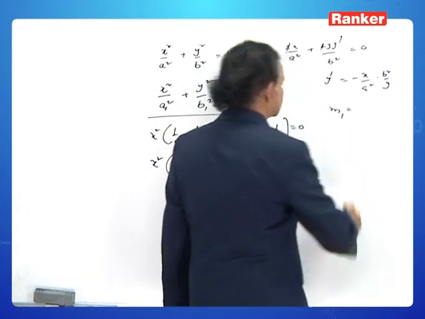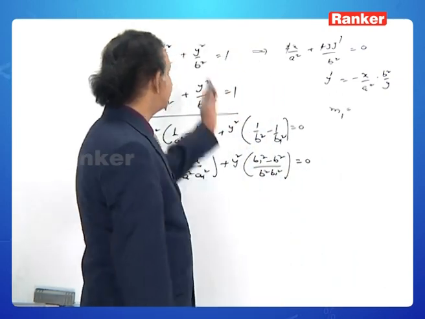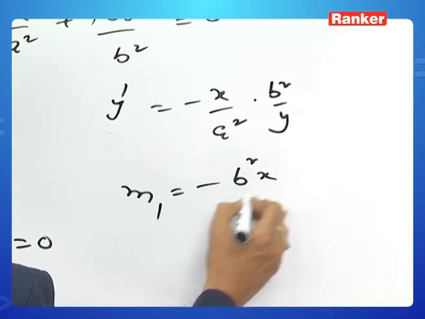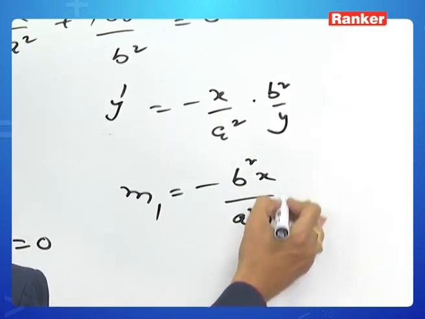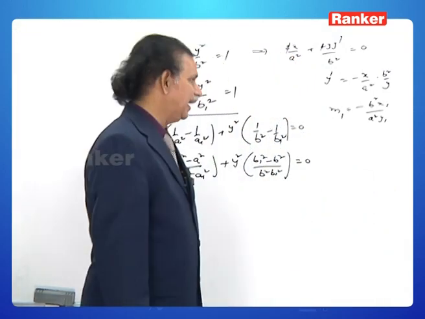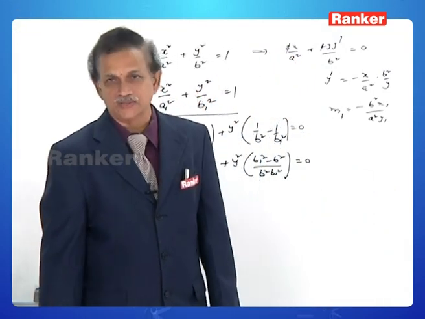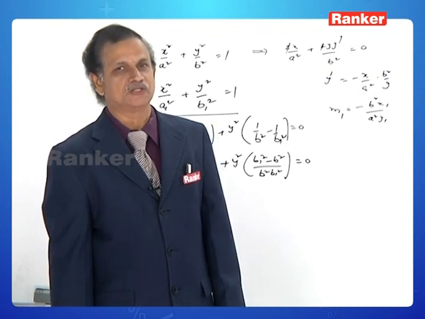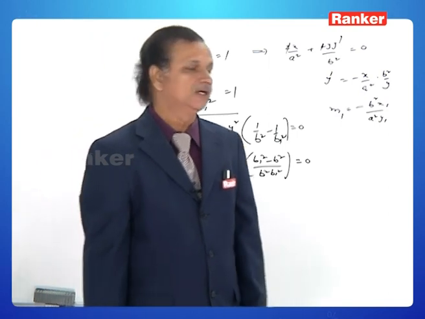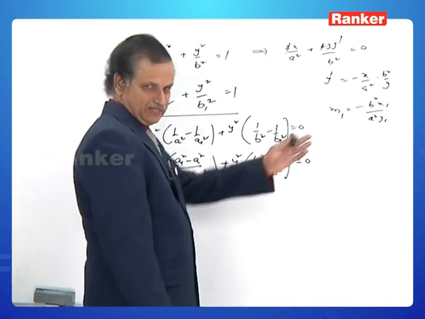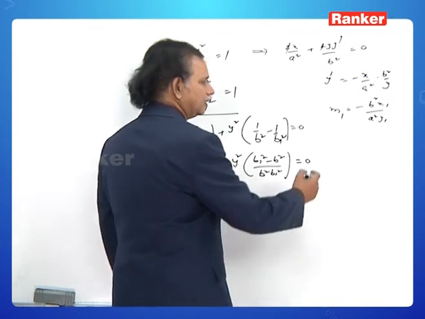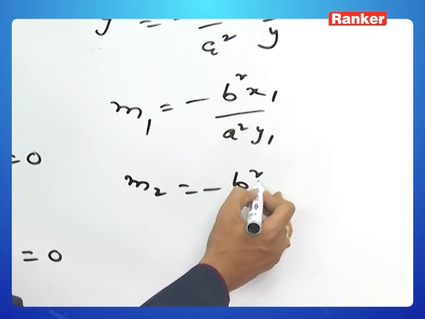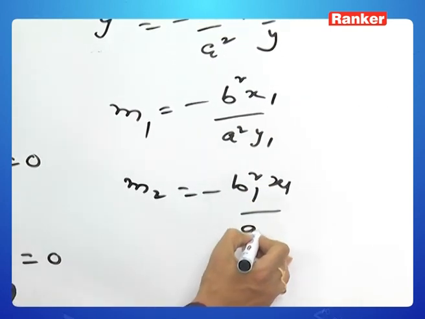What I mean to say is the slope of the tangent at (x1, y1) on the first curve is minus b square x1 by a square y1. Why? Because I am assuming that one of the points of intersection of the two curves is (x1, y1). In a similar fashion, you can assume that m2 is equal to minus b1 square x1 by a1 square y1.